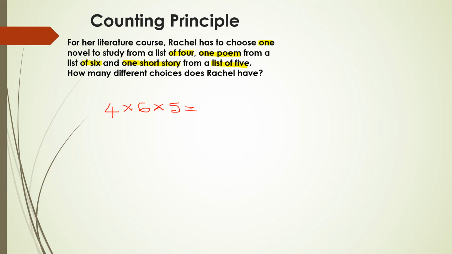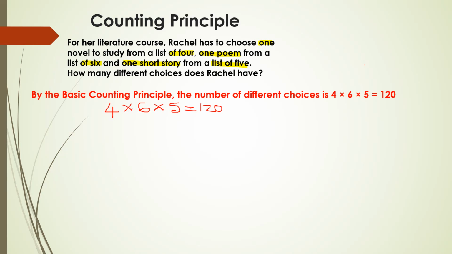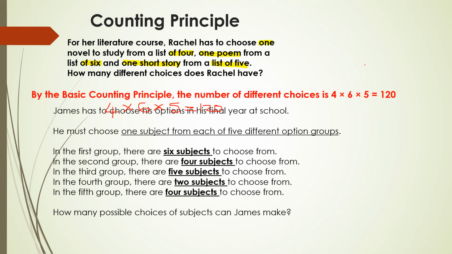So that clearly shows what? 4 times 30, she has 120 choices. She can make those choices in 120 different ways. Okay, so by the basic principle, 120. Let me just remove what I've written there.